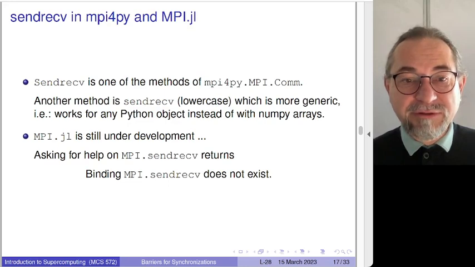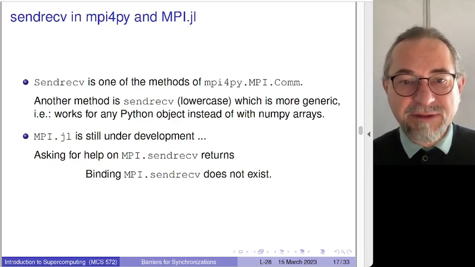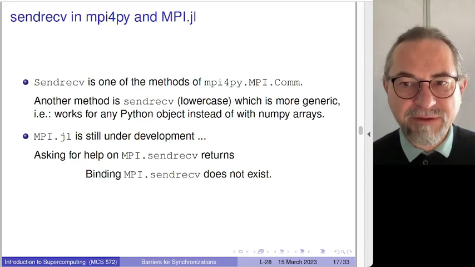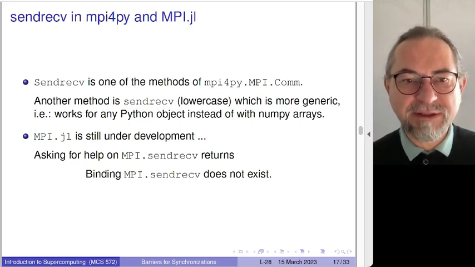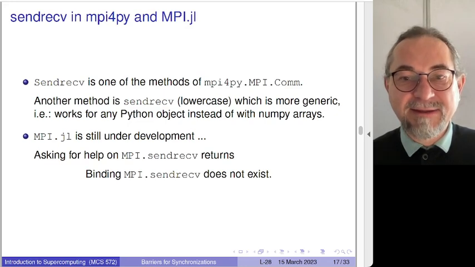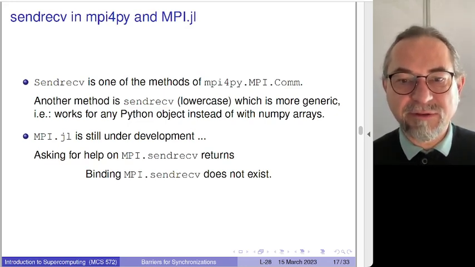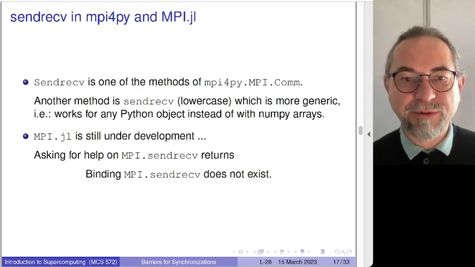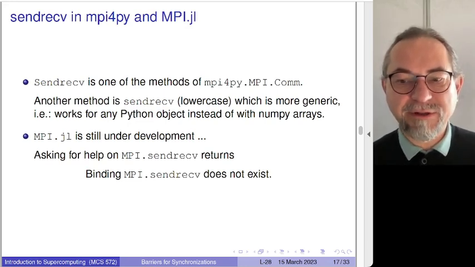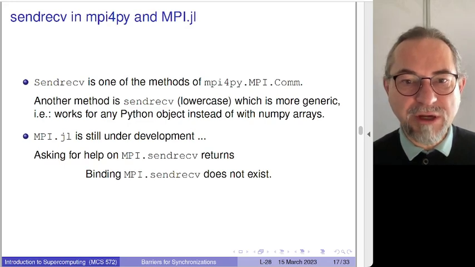The MPI.jl is still under development. I did a check with the version 1.8.5 that I had of Julia in the MPI Julia, and the binding did not yet exist. So if you are going to implement a butterfly barrier, then you should do this in Julia with explicit sends and receives.